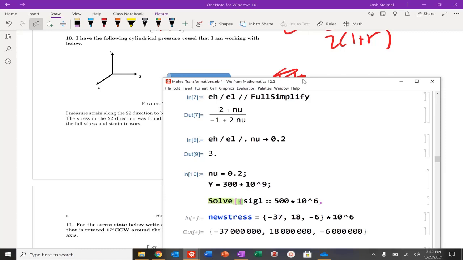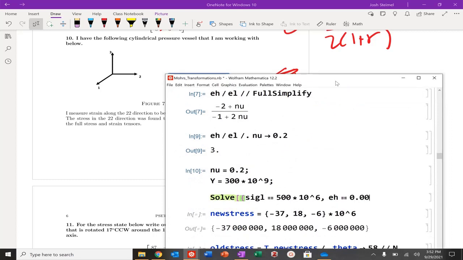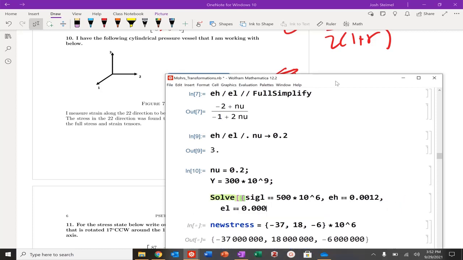I know that my EH, my hoop strain, was 0.0012. I know that my EL is set equal to 0.0004. And then I need to solve for my unknowns, which is simply going to be del P, R, and T.